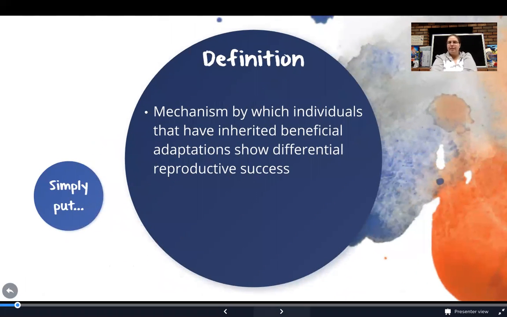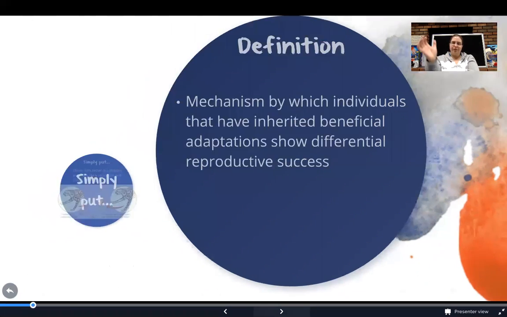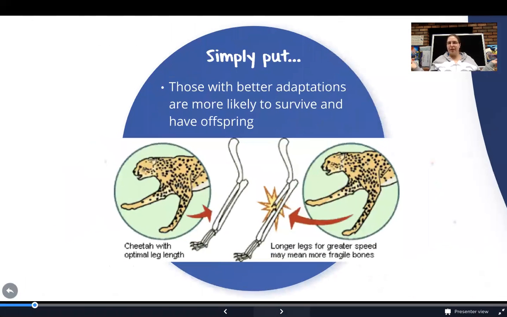All right, so what is the definition of natural selection? Well, it is the mechanism by which individuals that have inherited beneficial adaptation show differential reproductive success. In other words, those with the better adaptations are more likely to survive and have offspring.